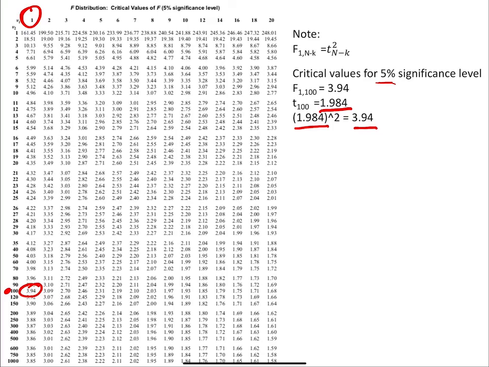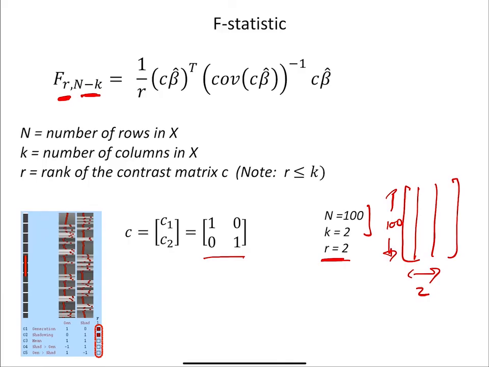Yes? R and K are always the same, right? Sorry, so R and K can be different. We'll talk about that some more on Wednesday. R is determined by your contrast matrix.